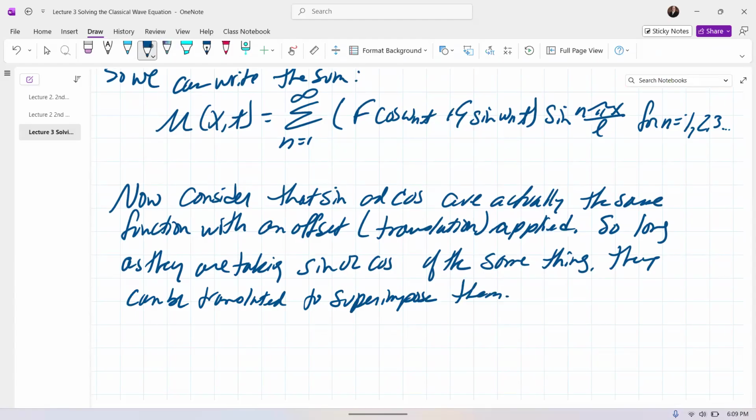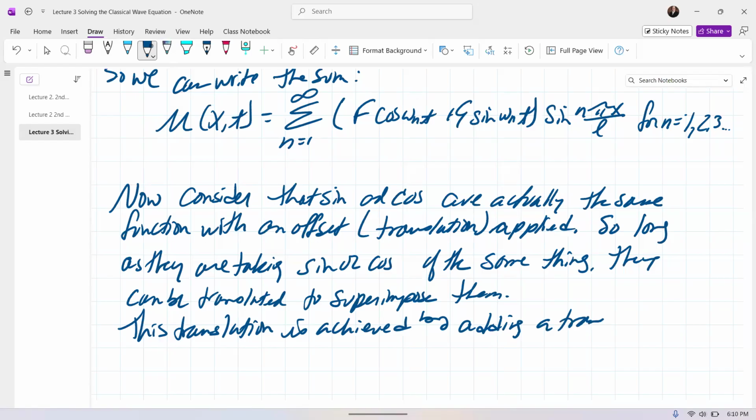It doesn't work if you have sine of 3 and cosine of 2, but if you have sine of 2 and cosine of 2, then this will work. This translation is achieved by adding a translation constant, which is called this one.